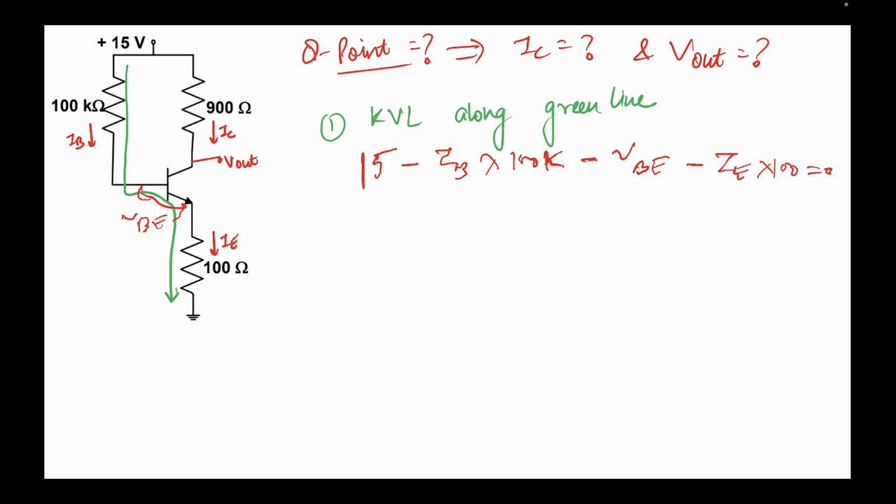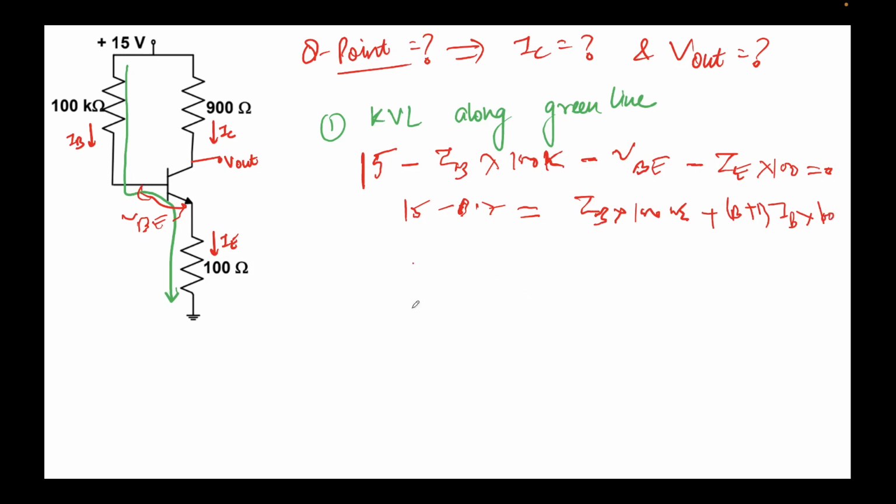Right, so I'll just simply put the constants on one side. So that will be 15 minus VBE, which is 0.7, we know that. And then I'll write this as IB times 100k, plus IE, which is nothing but beta plus 1 times IB. We saw that just now, and the value of the resistor is simply 100.